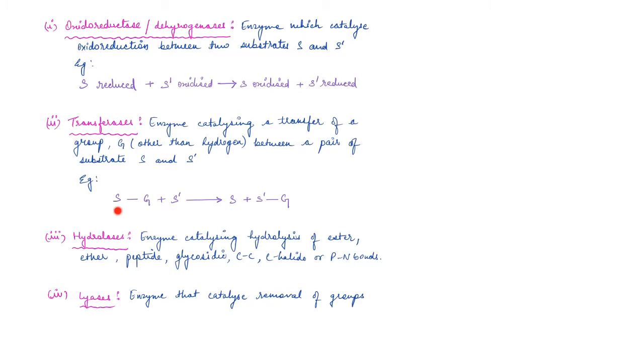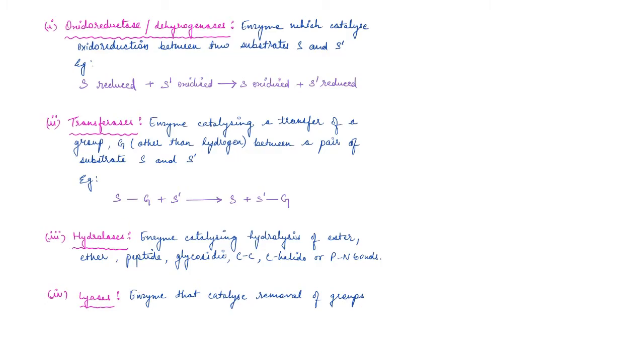Here S is joined with a group G, and after coming in contact with the enzyme, this bond is broken and a new bond is formed between S dash and G. Now that group is joined with the other substrate. So transferases transfer the group attached to one substrate to the other one.